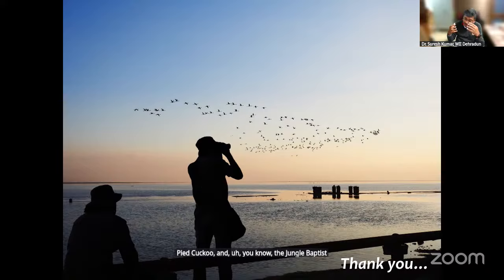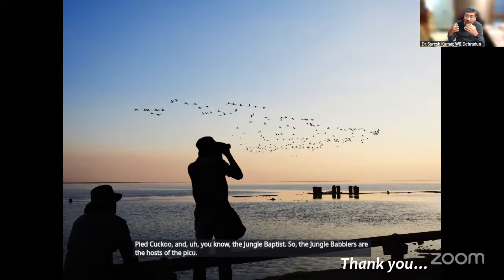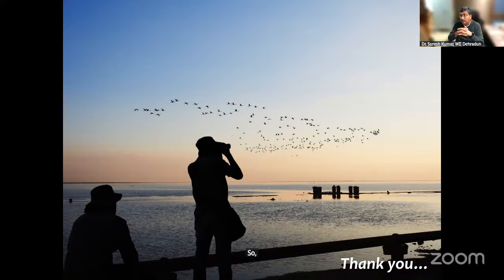The jungle babblers are the hosts of the pied cuckoo. So the young birds are initially learning everything the jungle babblers do, in fact following them, hopping on the ground and moving like that, which rarely an adult cuckoo would do. But there will be a certain period of time when the cuckoo chick would be weaned away.